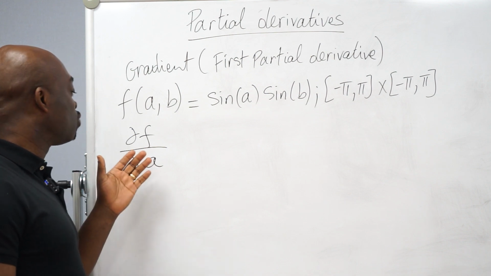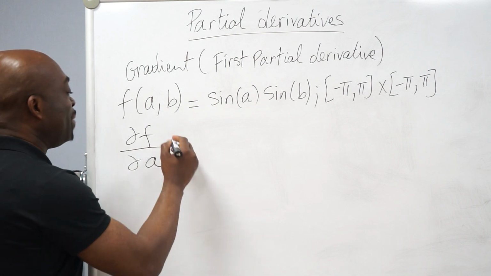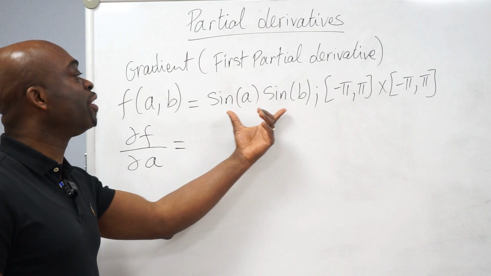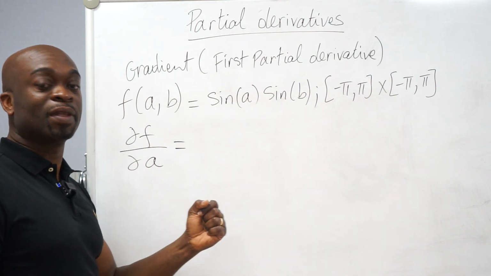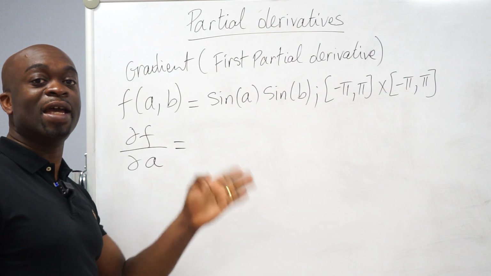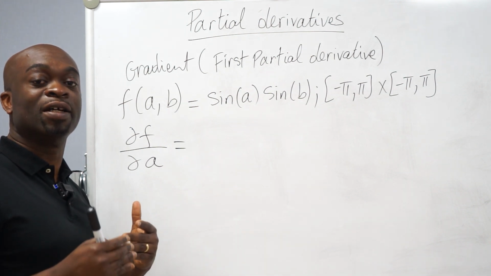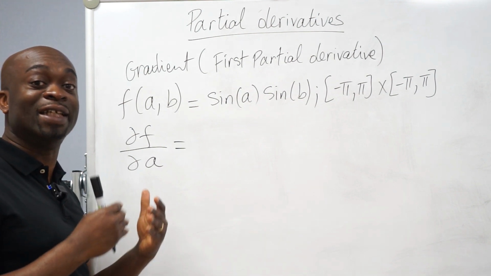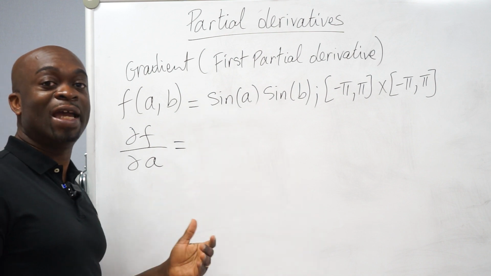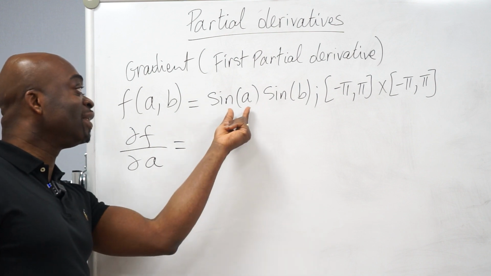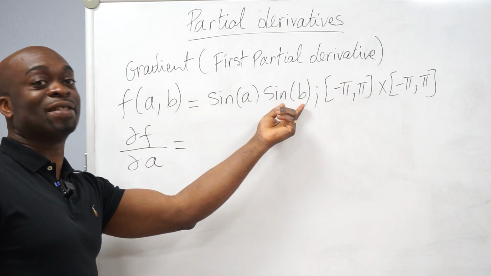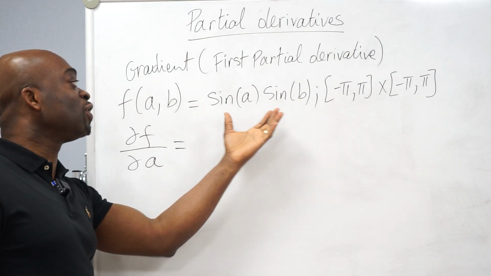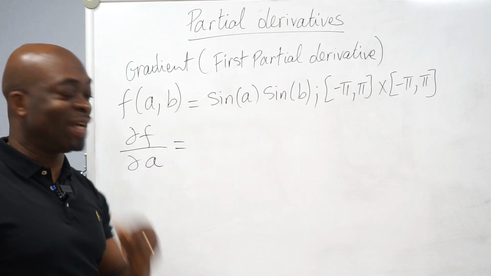When you come into the function, which is sin of a times sin of b, your target is a. Again, it's all about targeting the variable that you are dealing with. So sin of a is your target because that's the one that contains the a, correct? Now b doesn't contain the a, so let's see what's going to happen.